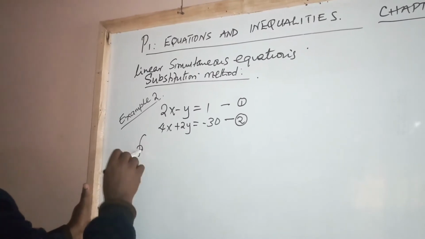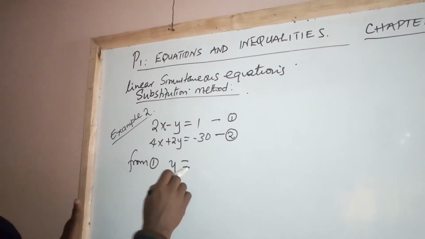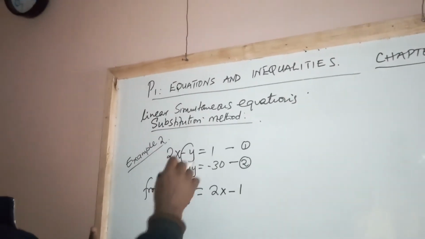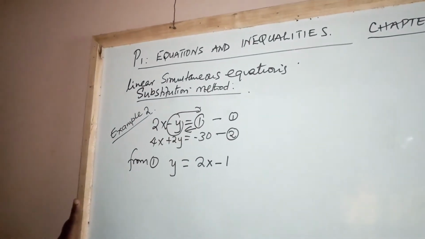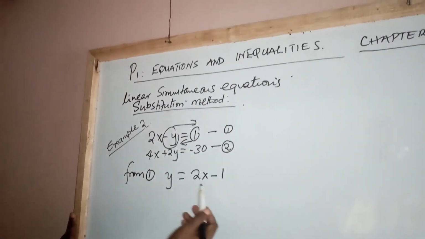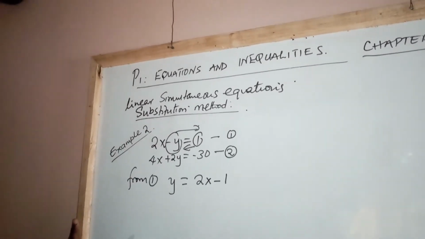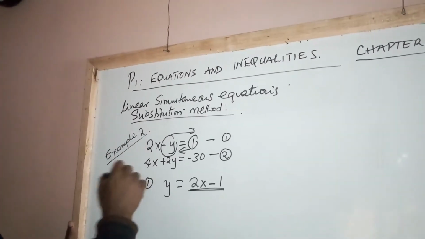From equation 1, y is equal to 2x minus 1, because we just take y across and 1 across. The second step is we now have to substitute y with this value in the second equation.